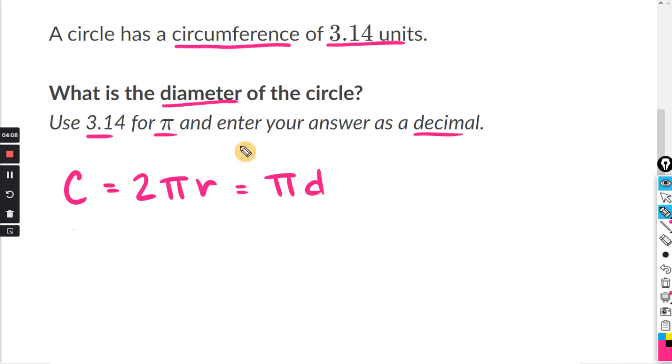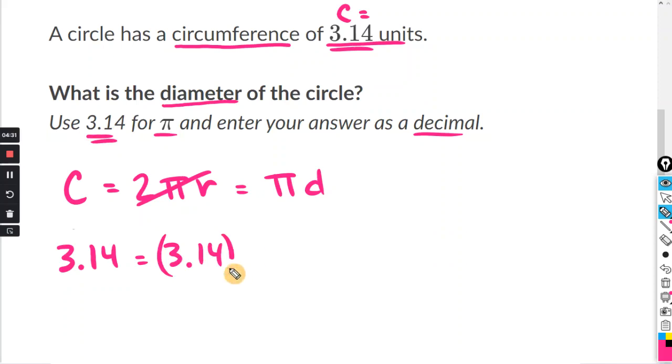Since we're looking for diameter, we don't need the first formula. The circumference C they gave us is 3.14, so in place of C, I'm going to plug in 3.14. That equals pi, which is 3.14, times the diameter d.